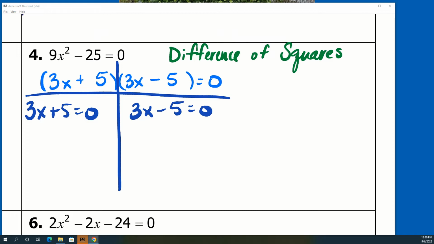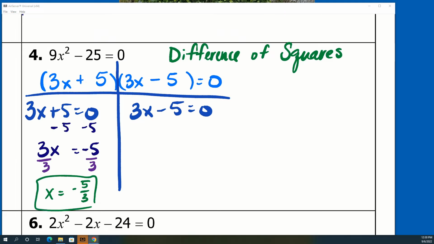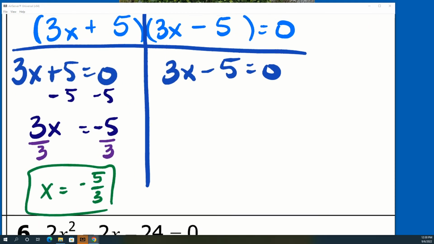So we're going to move the 5 over first by subtracting it. So if it's plus 5, you subtract the 5 and then divide by 3. Now, these probably won't reduce, so just leave them as negative 5 over 3.